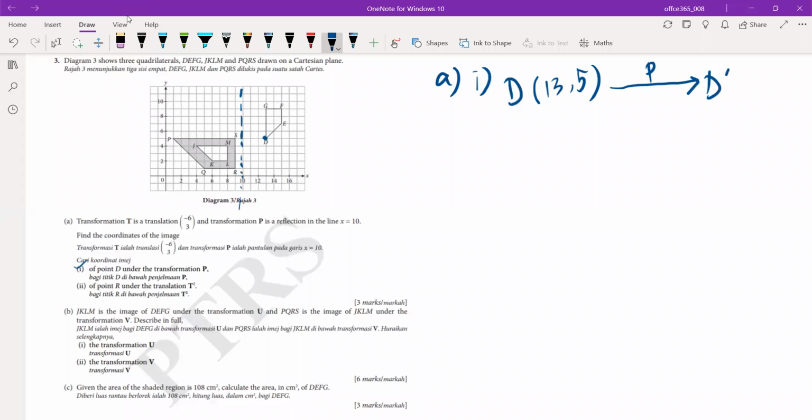How come can draw there? Okay, vertical line, x equals to 10, reflect. It will be at 7, 5.